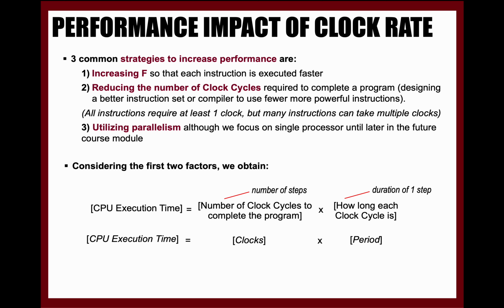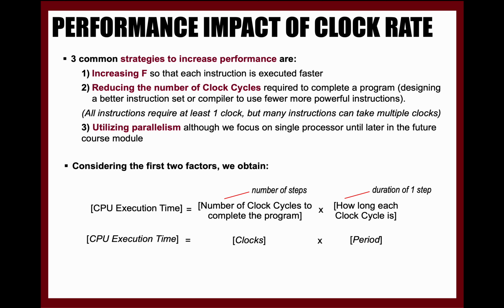Now let's delve into the performance implications of clock rate in computer processors. To begin with, there are three common strategies to enhance the performance of a processor. First, increasing the clock frequency. By doing so, each instruction in the processor is executed more rapidly, resulting in faster performance.